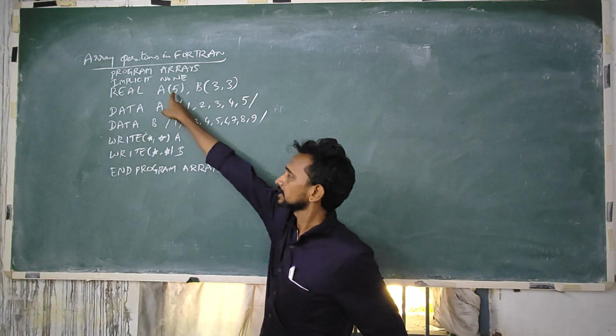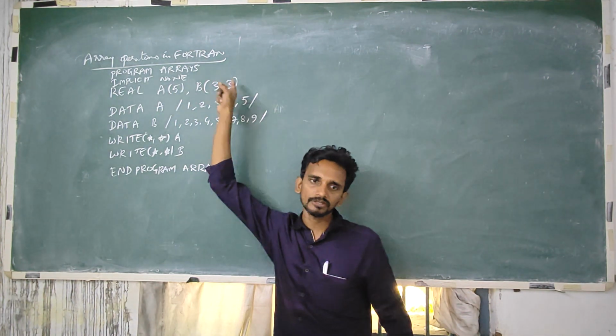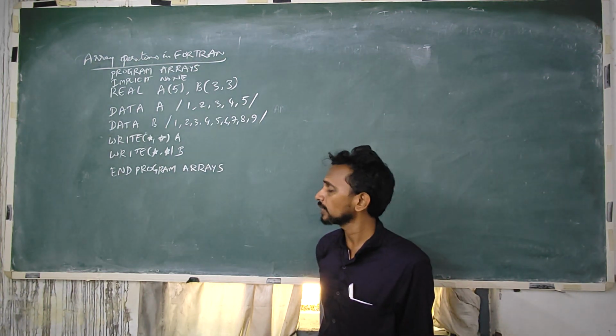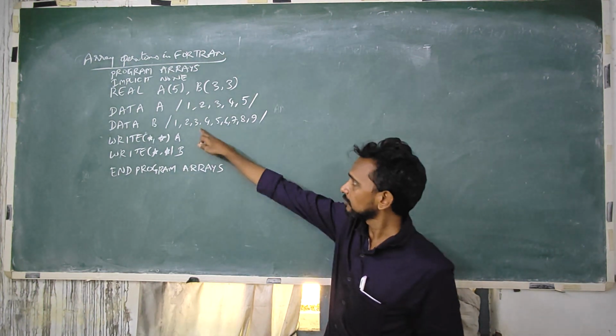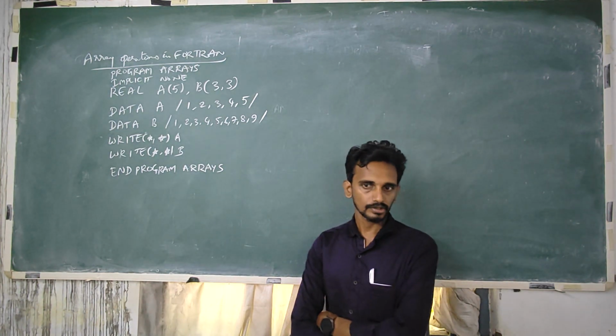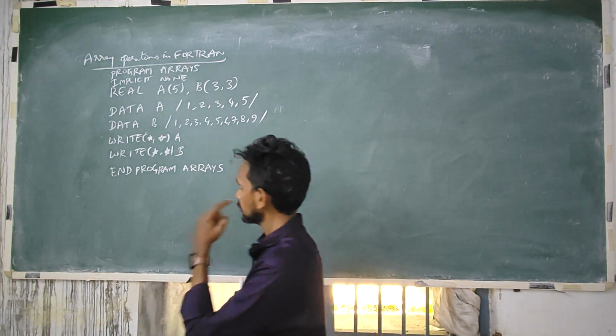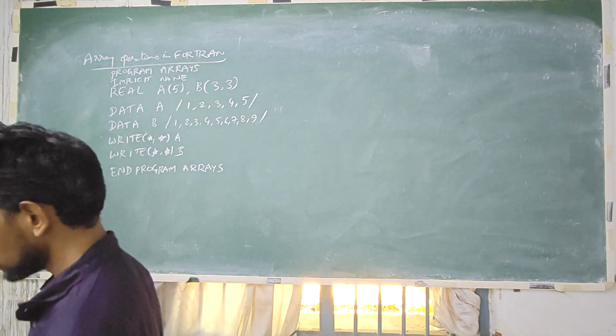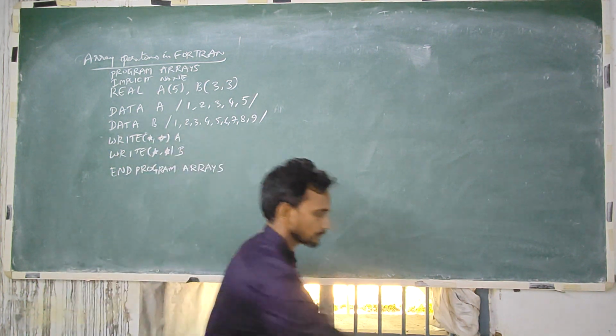But here A is a one-dimensional array and B is defined as a two-dimensional array. So we have to see where these elements are exactly stored, which memory location. So I'll try to access individual elements in the array.